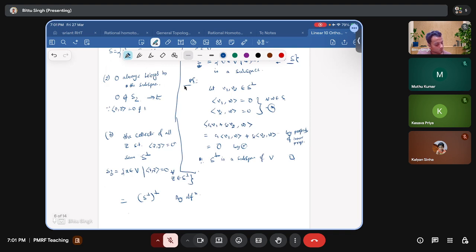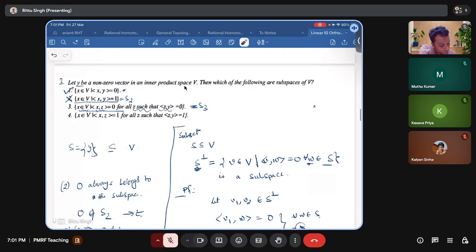Note that we have already proved S perp is a subspace, and again if you take perp, you will get another subspace. Therefore, this S3 is a subspace because the orthogonal complement of something is a subspace. Now you are taking the orthogonal complement again, then you will get another subspace. So 3 is also correct.